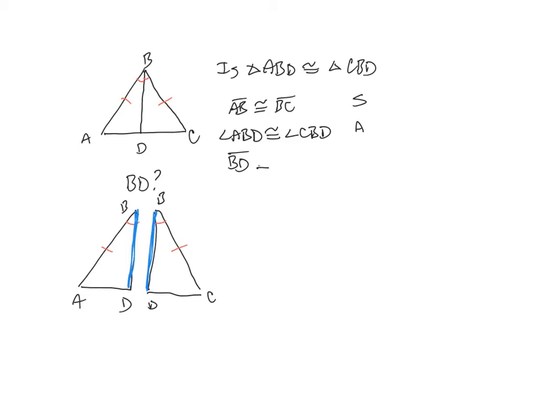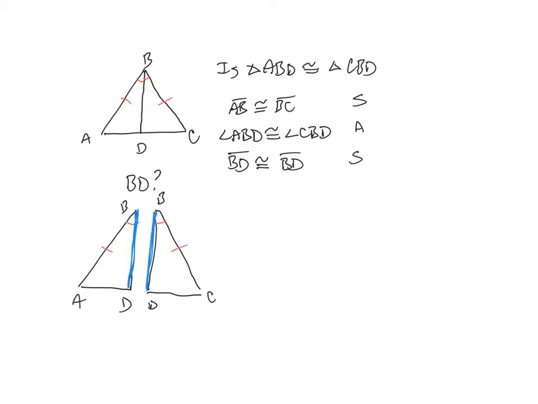So I know that BD is congruent to BD because it's the same line. It's the same side. On the left triangle, if from B to D is 10, then on the right triangle from B to D has to be 10. It's not a different length with the same letters.